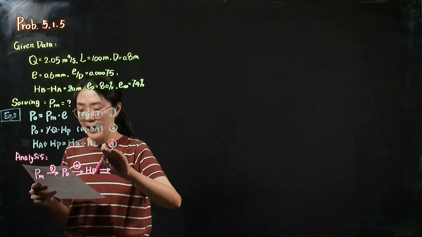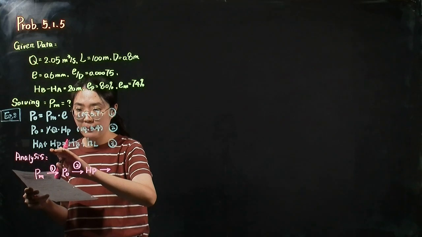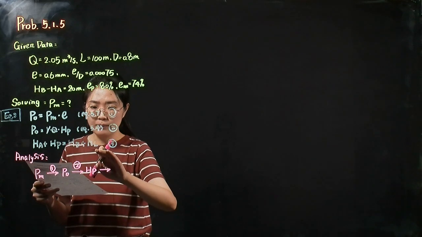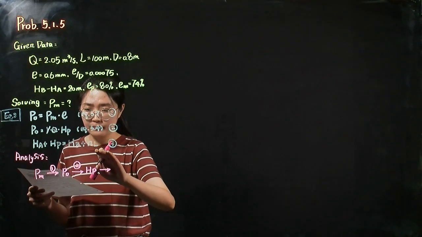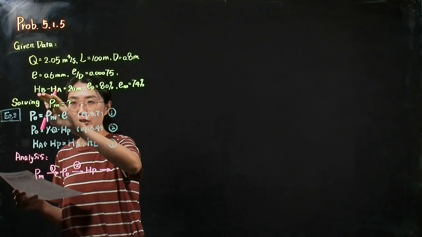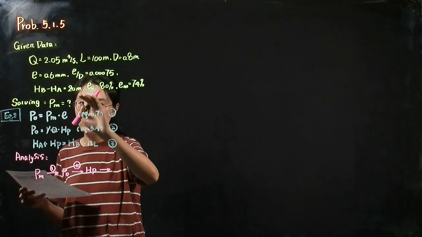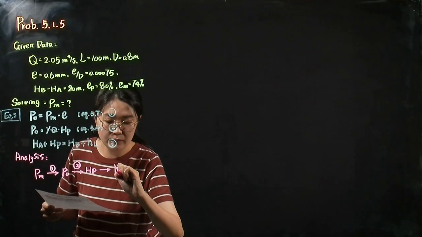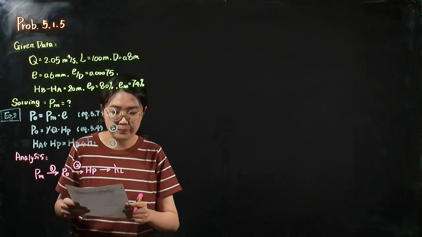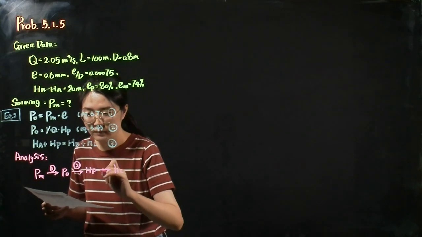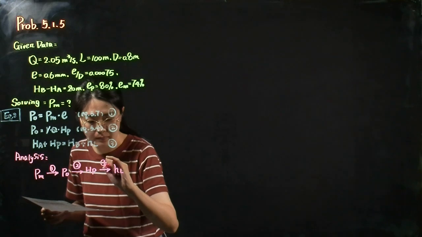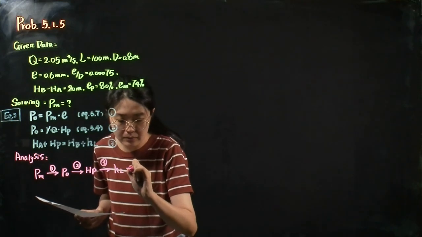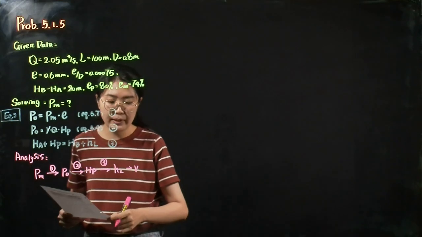The energy at point A plus the energy contributed by the pump should equal the total energy at point B plus the head loss from point A to B. Because we already know the total energy at point B minus total energy at point A equals 20 meters, we should calculate the head loss from point A to B, which is related to the velocity.